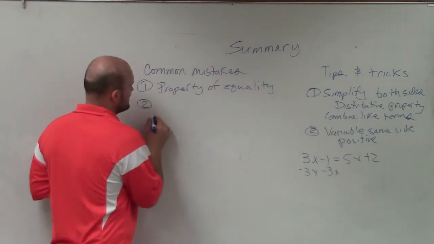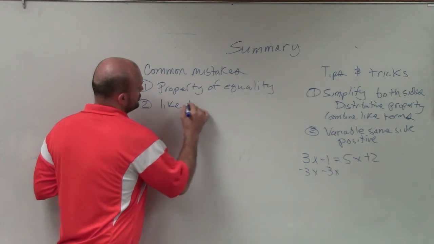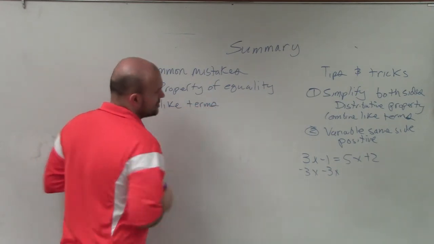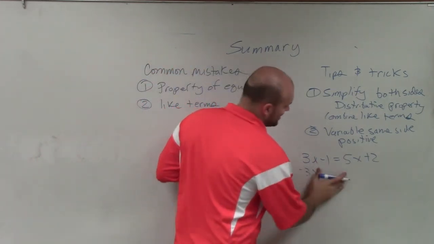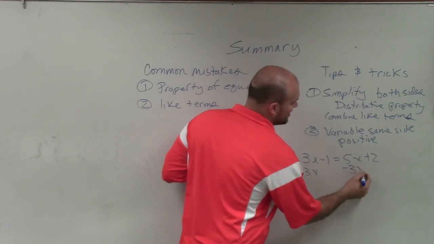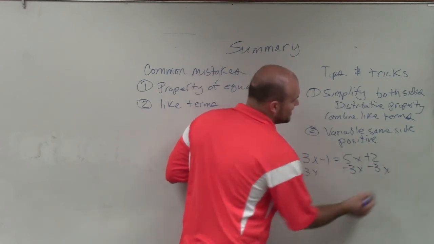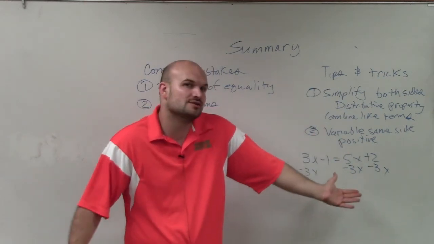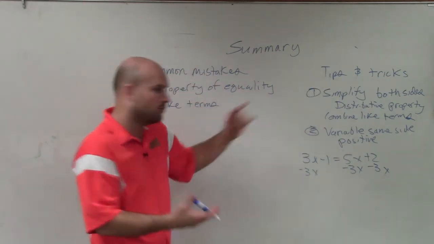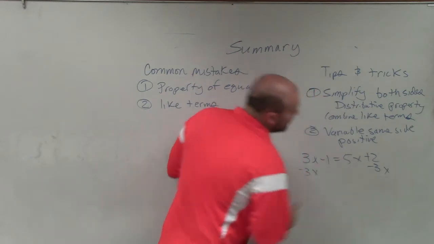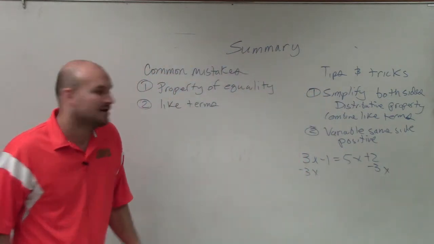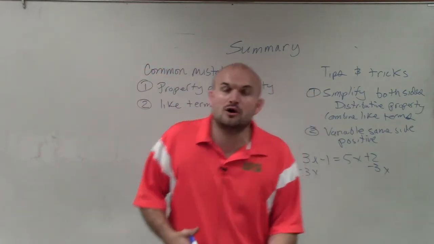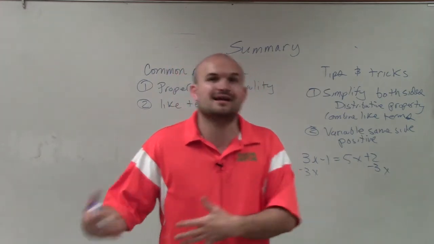Which brings me to my next common mistake, like terms. I'll see students subtract the 3x, and then they'll say, oh, maybe let me subtract the 3x twice. No. I only subtracted 3x once, so I can only subtract it once over here. That goes back to the property of equality. But then they'll say, oh, why don't I subtract it from 2? Well, what's 2 minus 3x? Oh, that's going to be a negative x or negative 1.